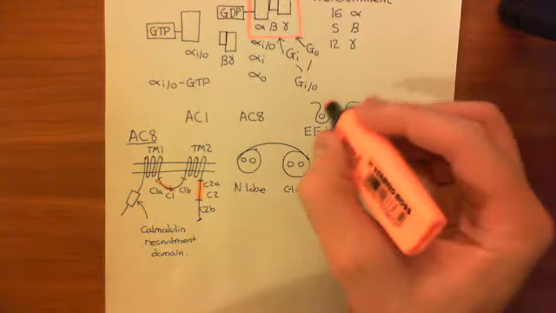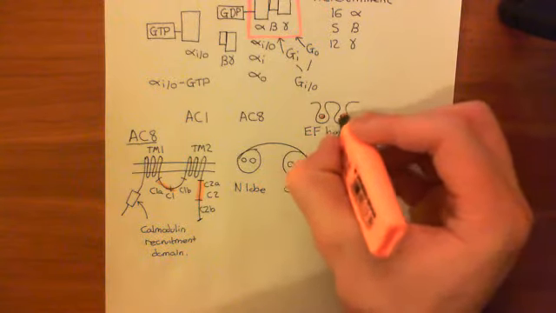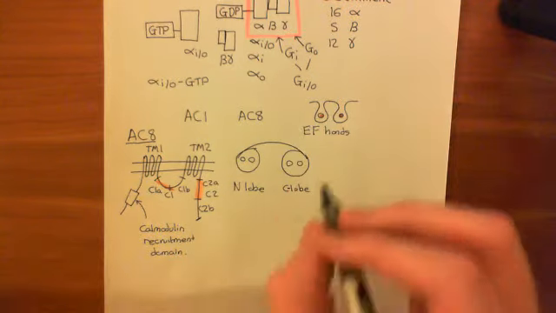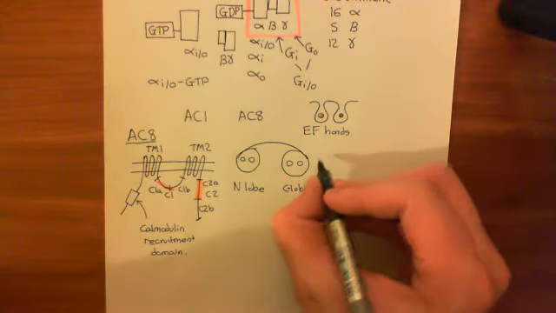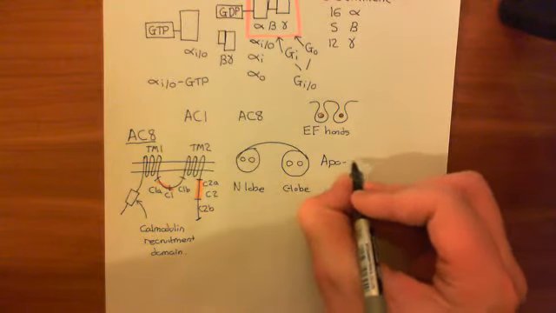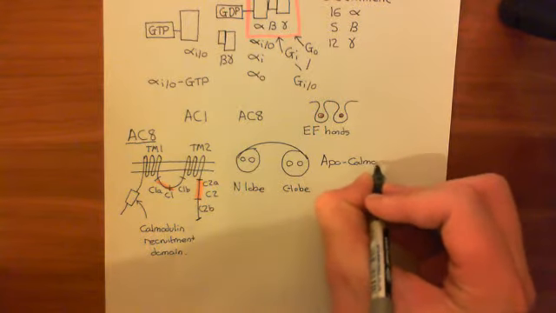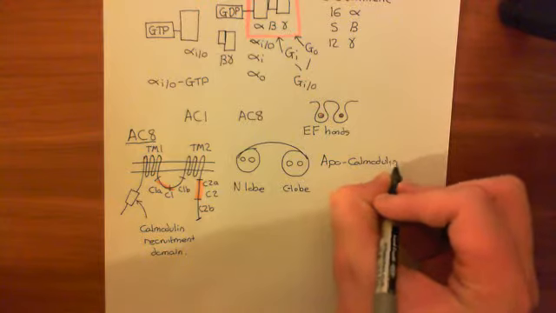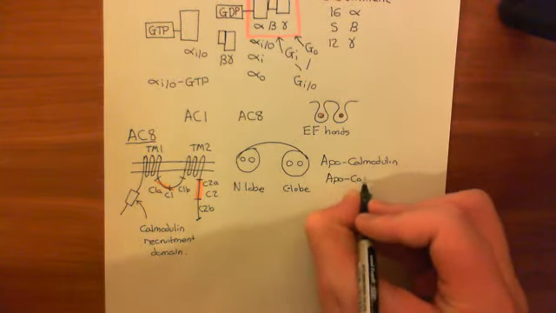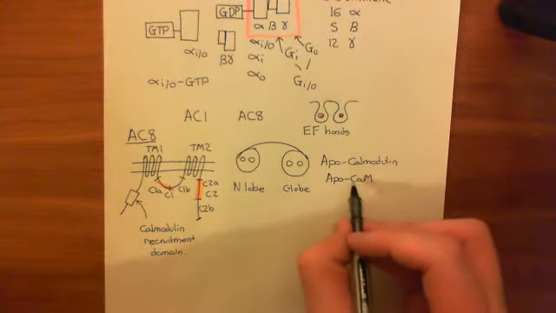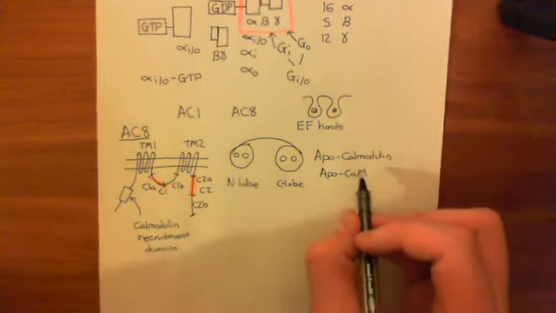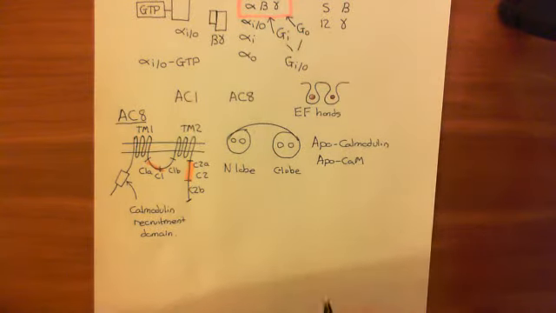Okay, right. By the way, calmodulin, when it doesn't have any calcium bound, is known as apocalmodulin, often abbreviated to ApoCaM, written with the capital C, the lowercase a, and the capital M. So that's apocalmodulin.